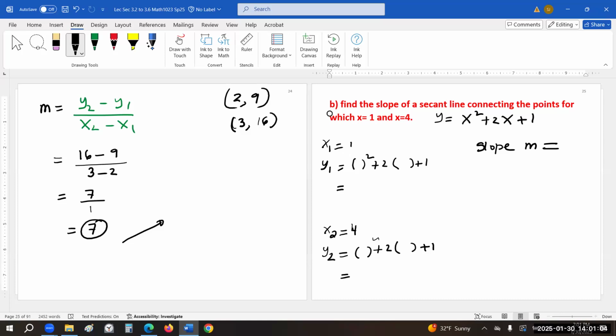Ready? Govin, what is y1? 4, okay. So 1 squared plus 2 plus 1, 4. Perfect.